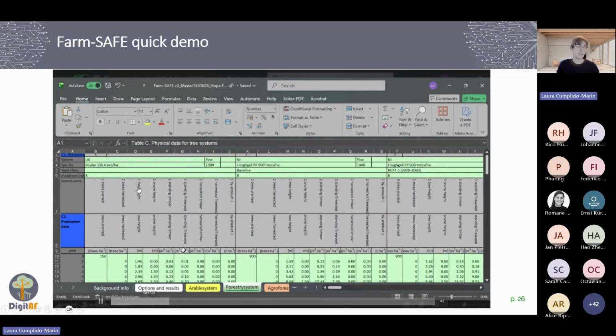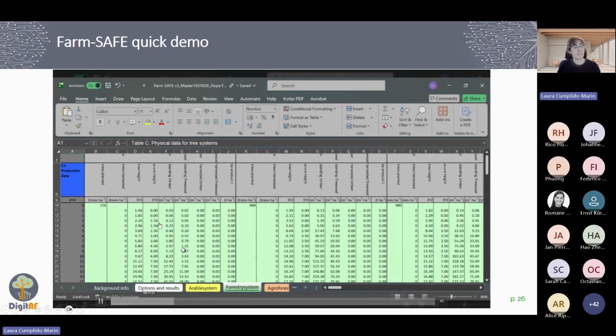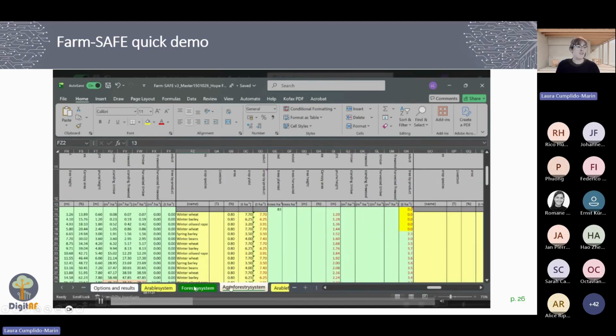Then you move on to the forestry system if you have one. You don't need to have one. Here you complete all the data related to your trees. After that you move on to the agroforestry system, where both previous tabs come together, so you get all the data.